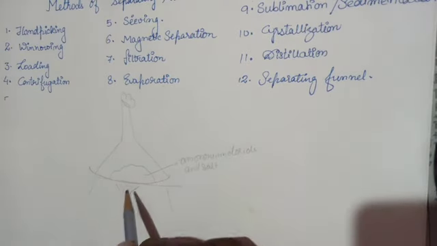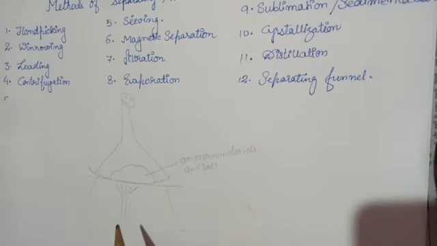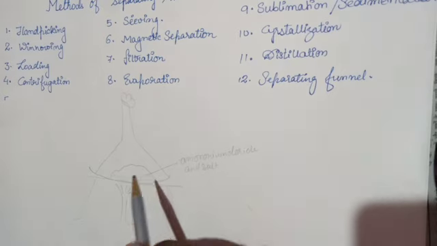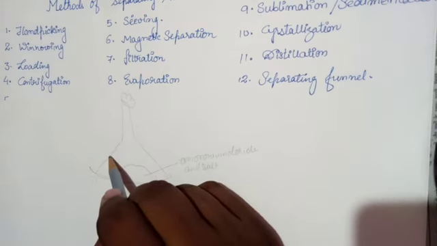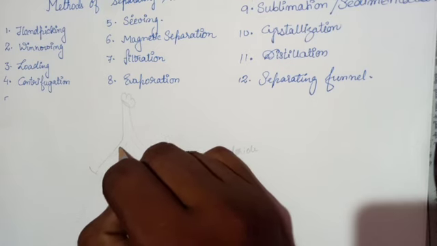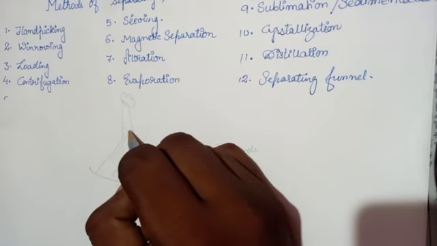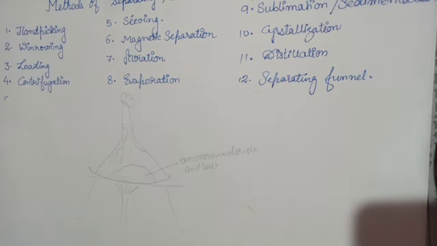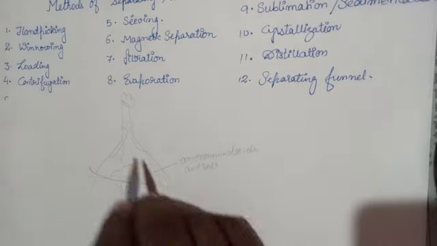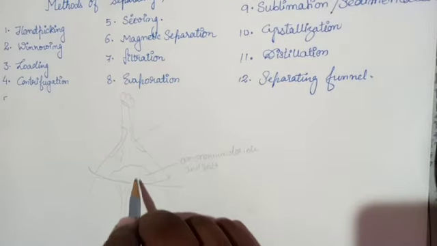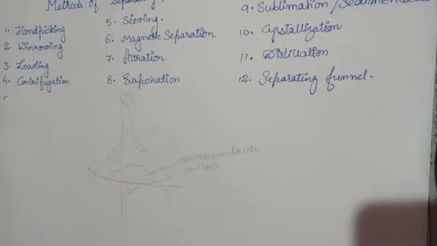Now, when this mixture gets heated up, the salt will remain on the surface, whereas the ammonium chloride will get vaporized and stick on the edges of the funnel tube. With this we can separate the salt and the ammonium chloride. The ammonium chloride gets collected on the funnel and the salt is collected at the bottom.